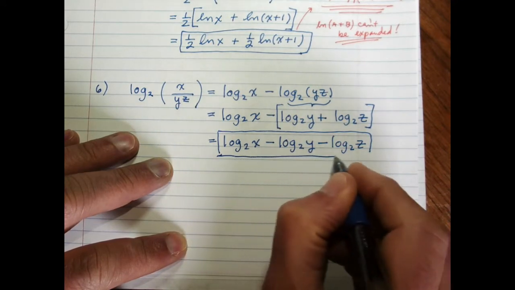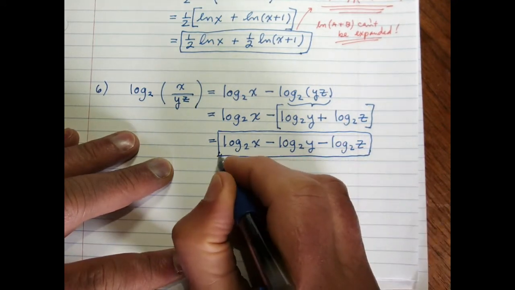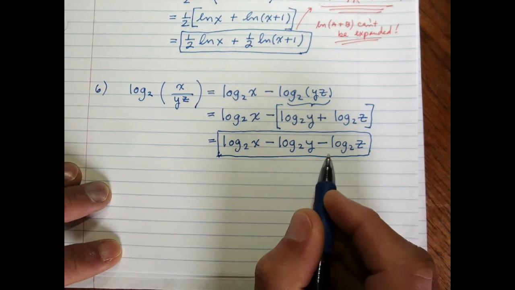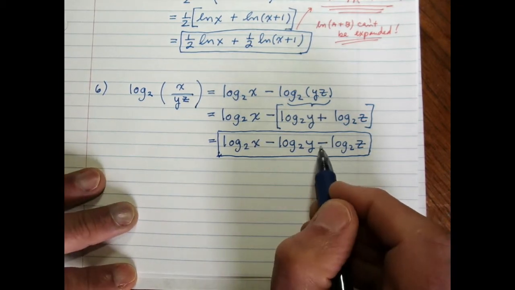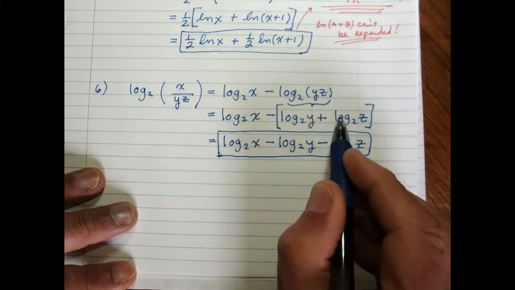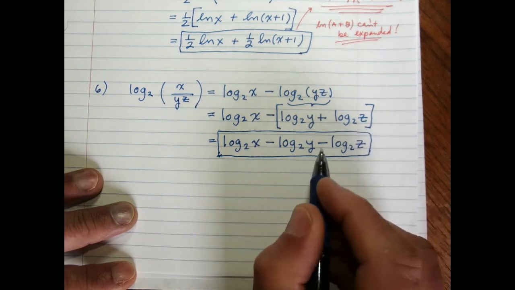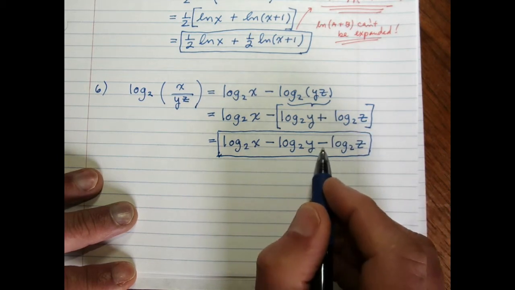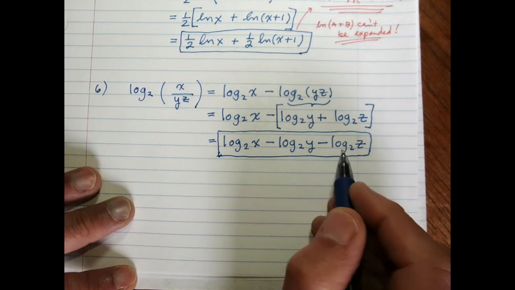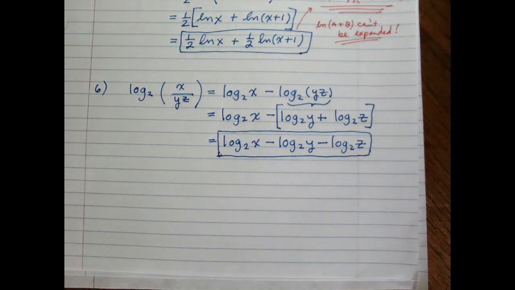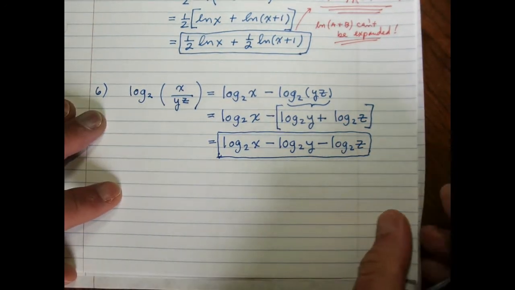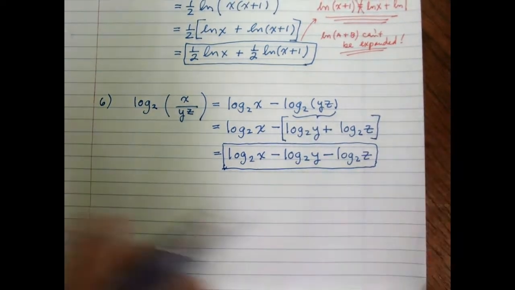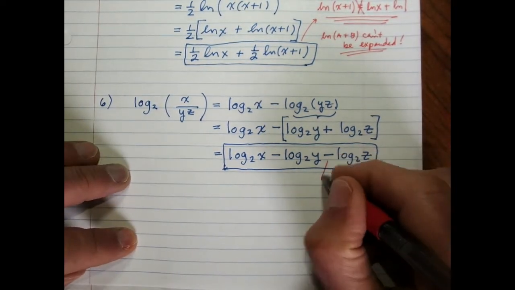So it kind of makes sense when you think about it, that the factors from the denominator will end up with minus signs. If you forget to distribute the minus sign, you forget the grouping, it's easy to accidentally leave a plus sign in front of the log base 2 of z, which is wrong. Okay? So we've got to watch out for that. So this is important.